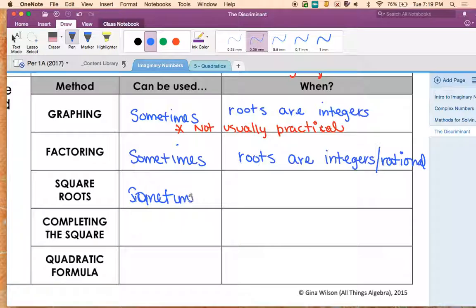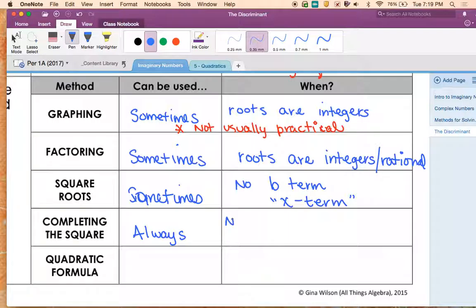When is it the best time to use the square root? When there is no B term. That's that X term. Okay? Completing the square. Can I complete the square in every quadratic? Yes. You can do it for every single one. We can do that always. But when is it the best method to use?